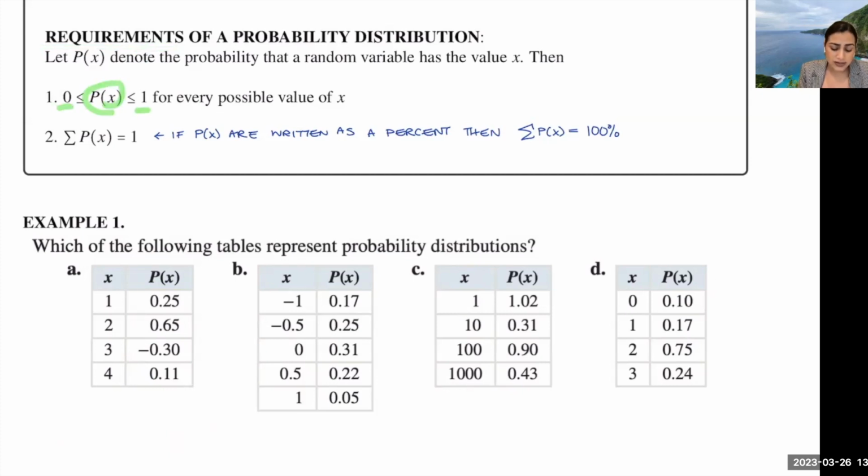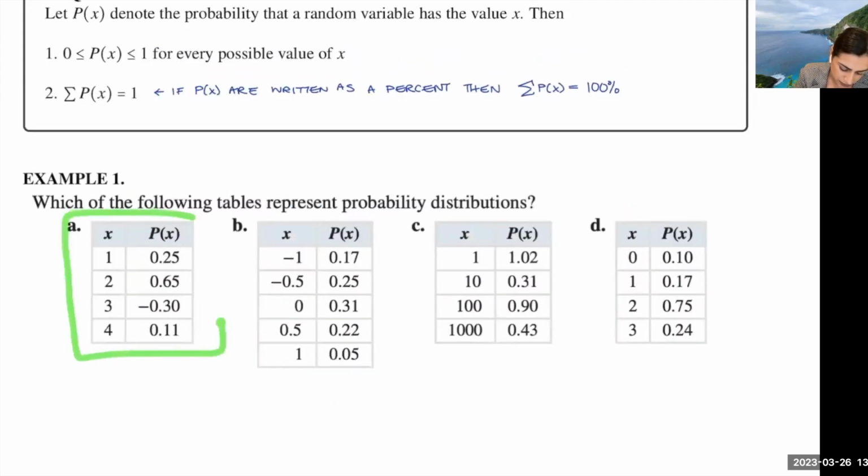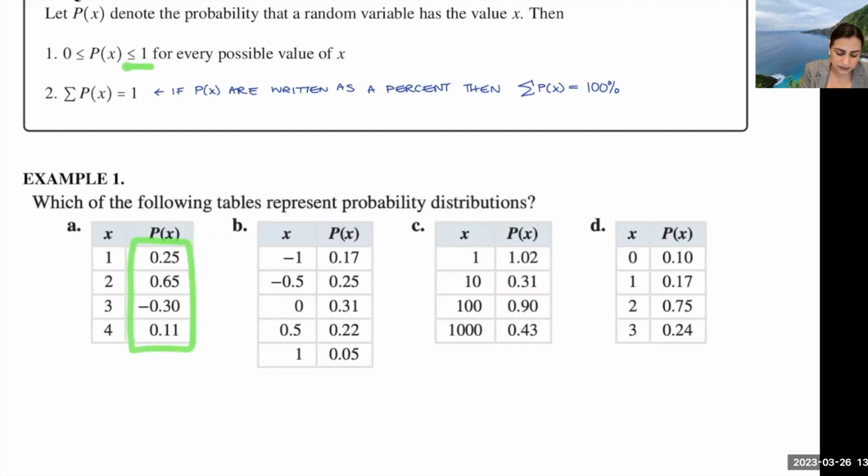Based on these requirements, that the probabilities have to be between 0 and 1 and that the sum of all the probabilities has to equal 1, let's make sure we understand them with the tables below. Let's see which of these represent a probability distribution. We're not looking at these values.